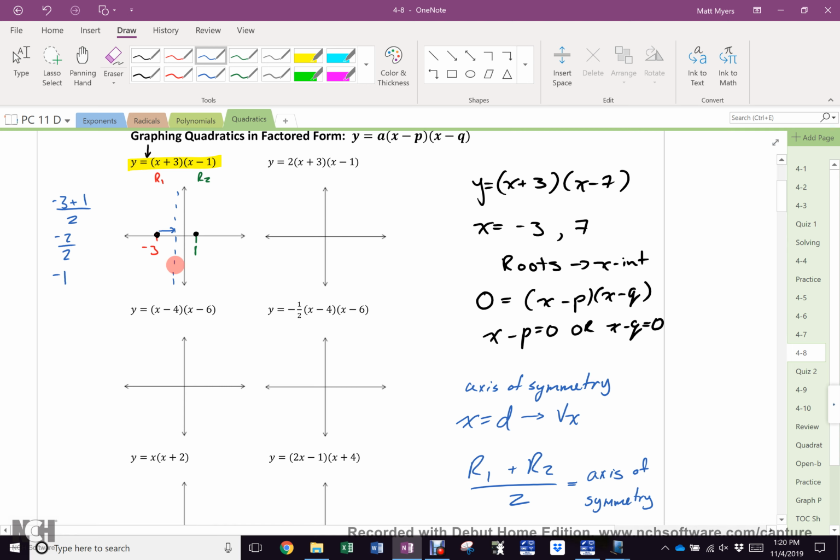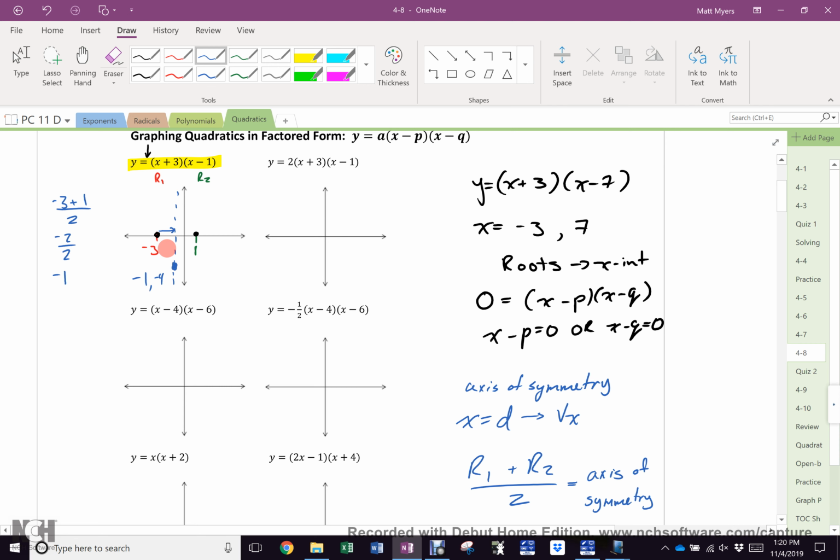So this would be down 4 from what? 0. So what is this point right here? Negative 1, negative 4, right? I could do it by counting.